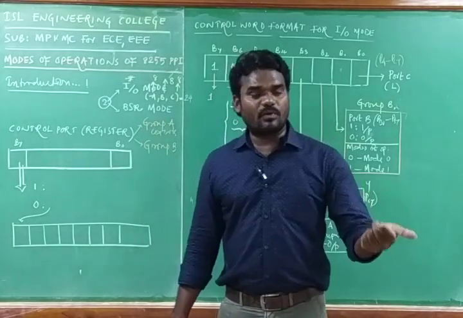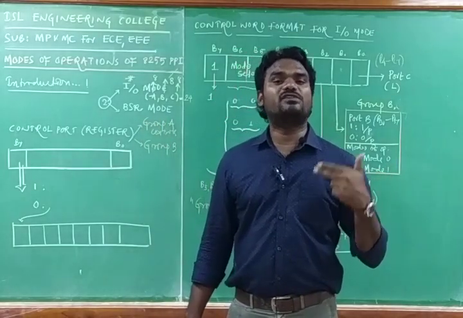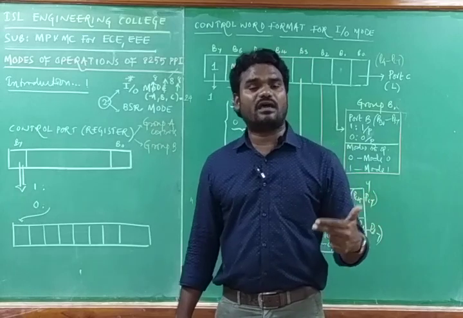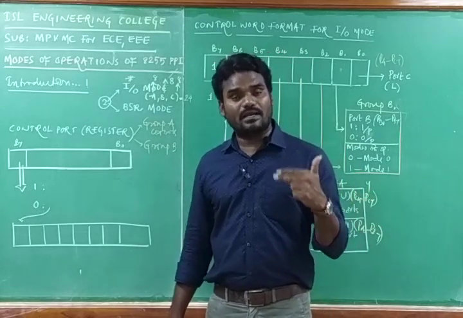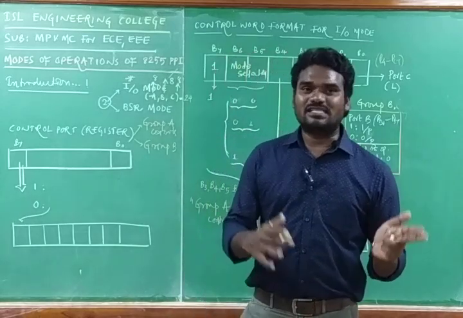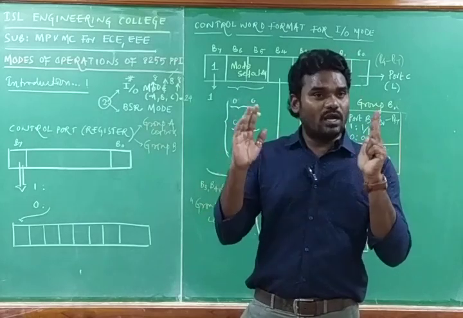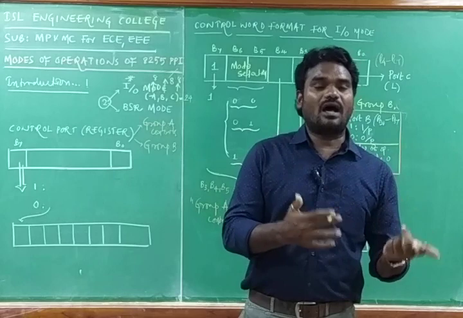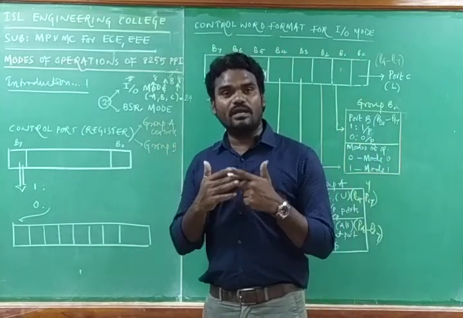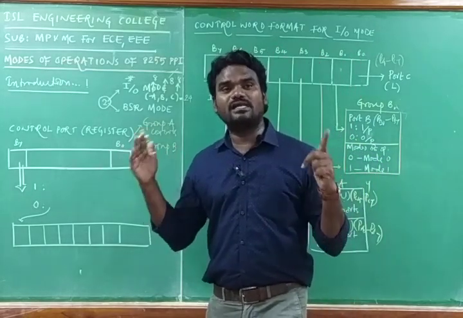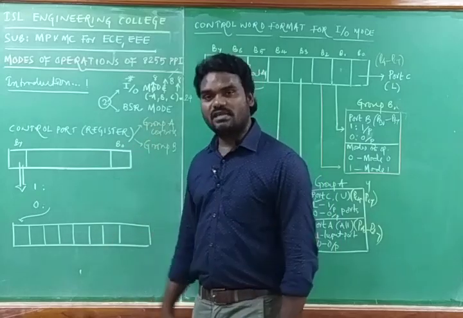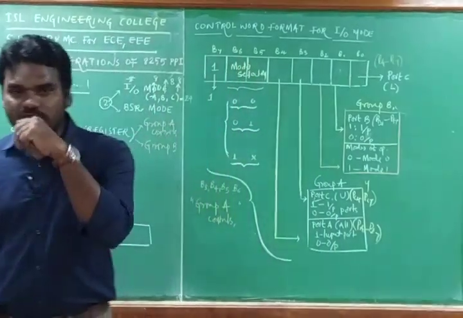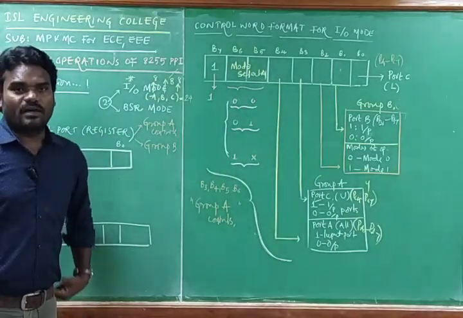Whereas when the 8255 is programmed to operate in the BSR mode, that is bit set reset mode of operation, it accesses only port C, and based on the logic it sets or resets those bits. How many bits? 8 bits, that is PC0 to PC7. This is the introduction about the modes of operation of 8255 PPI.